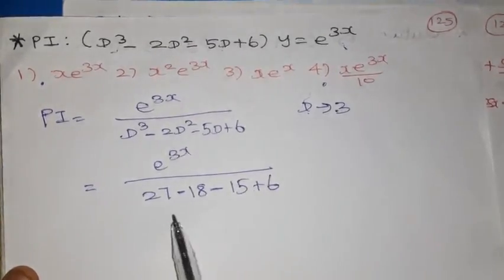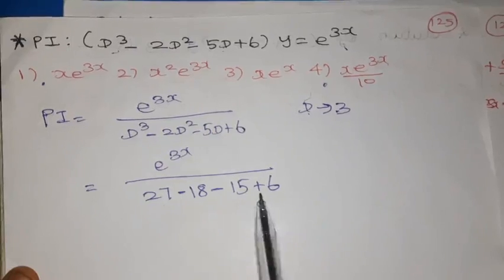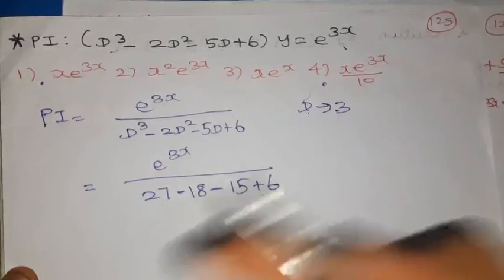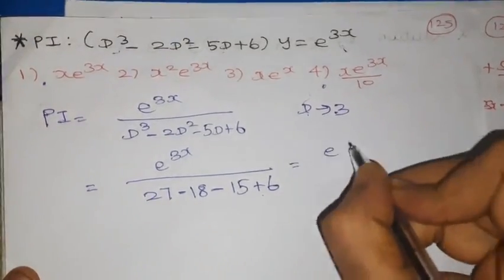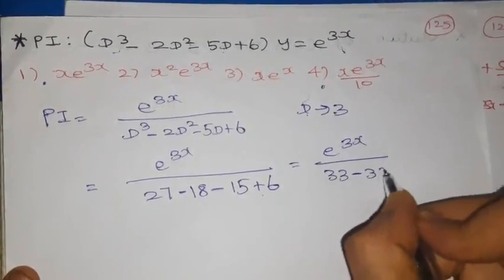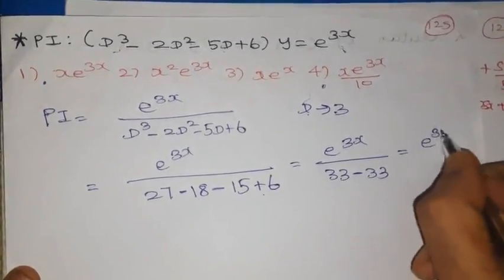What will we get? 27 plus 6 is 33, minus 18 minus 15 is minus 33. So 33 minus 33, we will get e power 3x by 0.